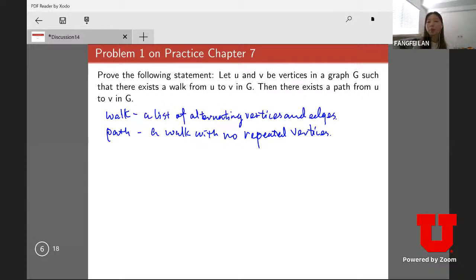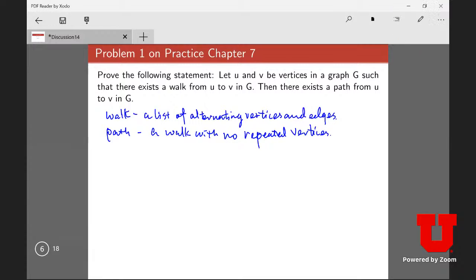No, this isn't walking backwards. This is saying there's a walk from U to V, and there's also a path from U to V. Oh, I see. I guess if there's a walk, that means there could be repeats. So you just take out the repeats and build the path out of that. Yeah, exactly. That's exactly how the proof works too.